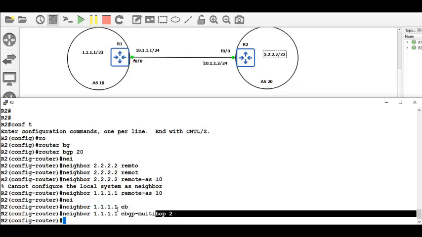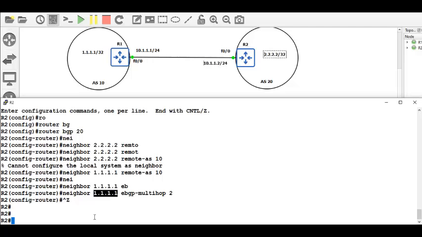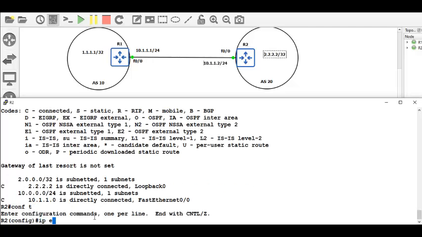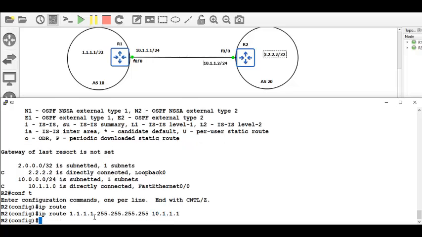First of all, do we have that network in the routing table? Show IP route. No. Let's write the IP route with the next hop. Yeah, now we have the route.